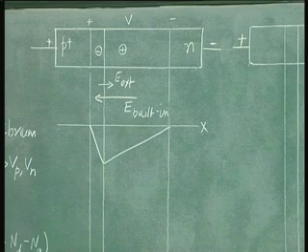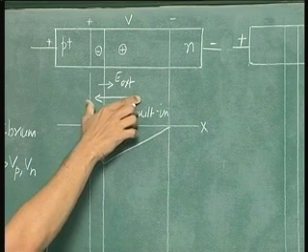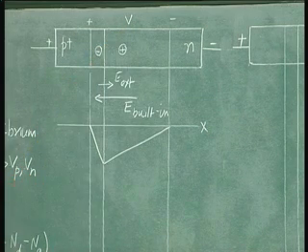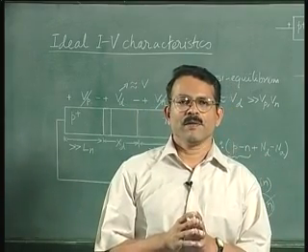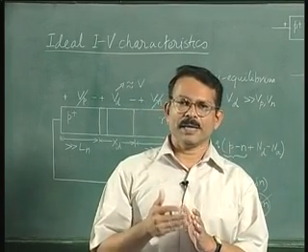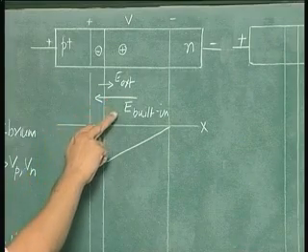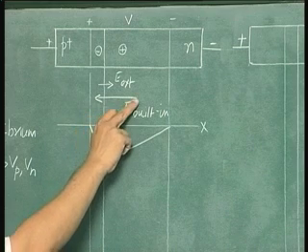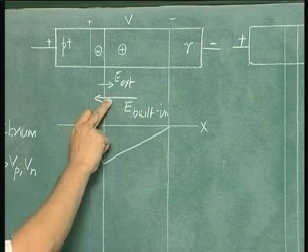This is because we have shown that the electric field under equilibrium conditions is very high, and we also said that we are assuming quasi-equilibrium conditions wherein the applied voltage is very small. Now how small should this applied voltage be? This will become clear by the end of the analysis. So the superposition of this over this would mean that the electric field will remain in this direction even under applied bias, but it will reduce in magnitude.